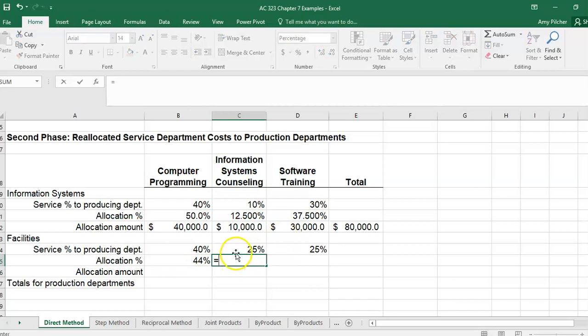So 25% divided by the sum of all three departments.